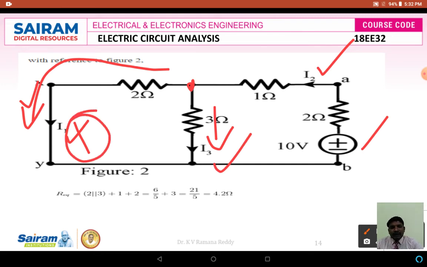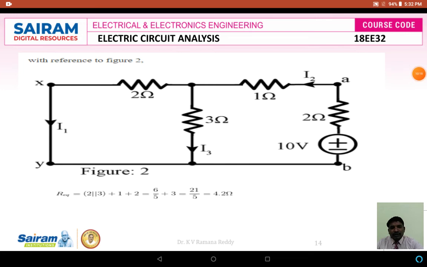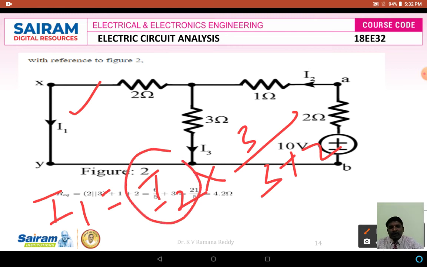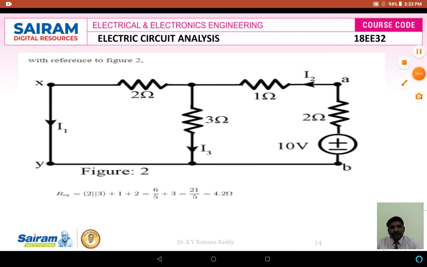What is the value of I1 here? It is total current I2 into opposite branch 3 divided by total resistance 3 plus 2. So we need to find the total current I2. I2 is the total current driven by this 10 volts voltage source.